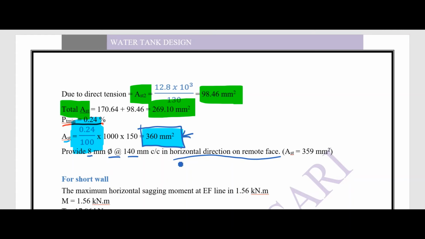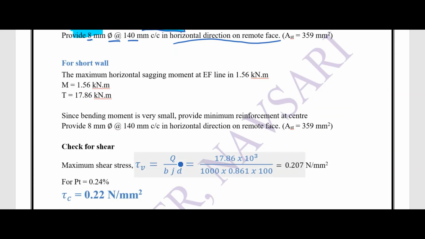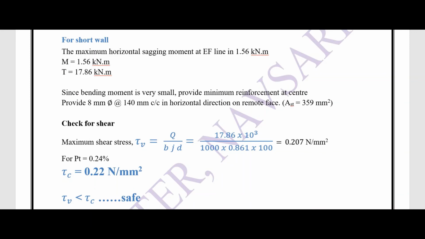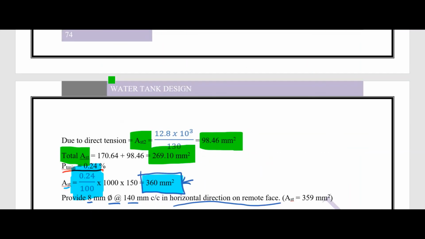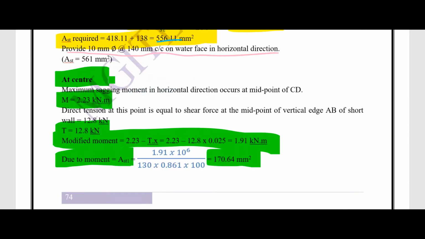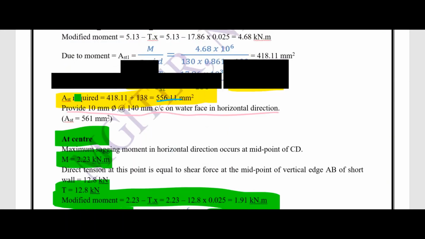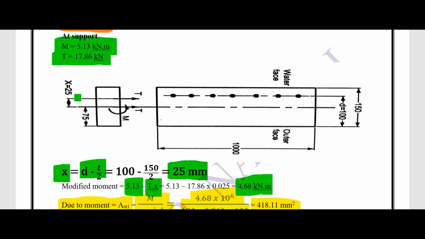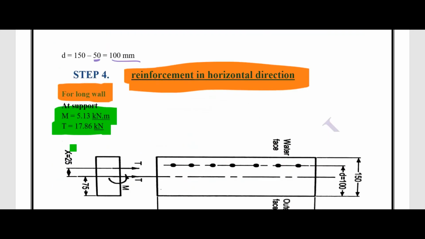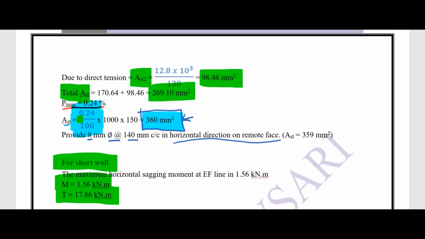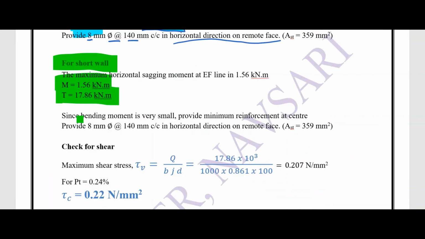Now same concept for the short wall. But for the short wall, the moment is 1.56, which is very less. You can see here the moment is 2.23, here is 5.30, right? So this moment for the short wall is very less, so we can neglect it.